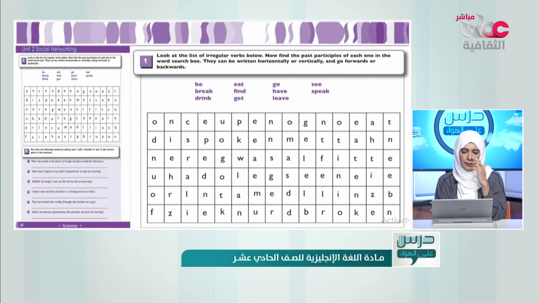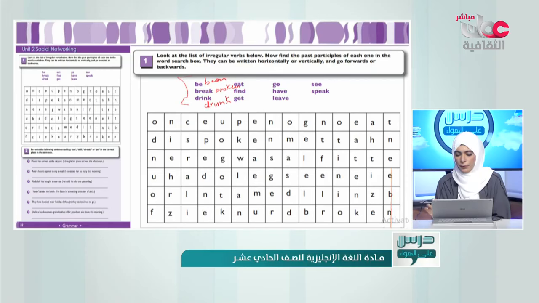You can take the second task, which is changing the words. Here we need to check. We have some different verbs. We need to change them to the past participle form. For example, here we have be, been, break, broken, drink, drunk. Then, after we finish all the verbs, we try to find the words in the crossword.